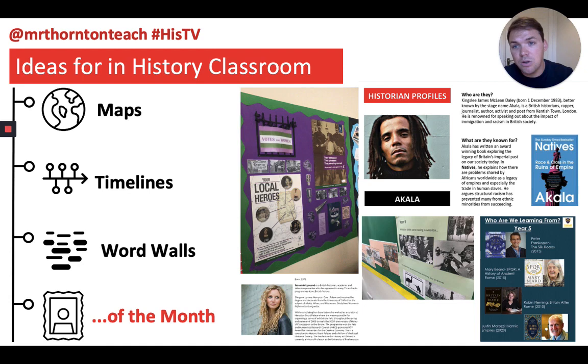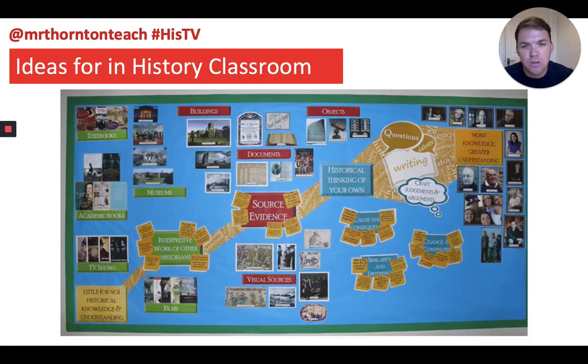And the last one I want to look at, which doesn't fit into any of these categories, but I thought is worthy of a mention, is the one that I saw on Hugh Richards' wall at Huntington School up in York. This is on the One Big History Department blog, and it's a display that unpicks the work that historians do, and also a journey that you as a historian will engage in through your time at school.